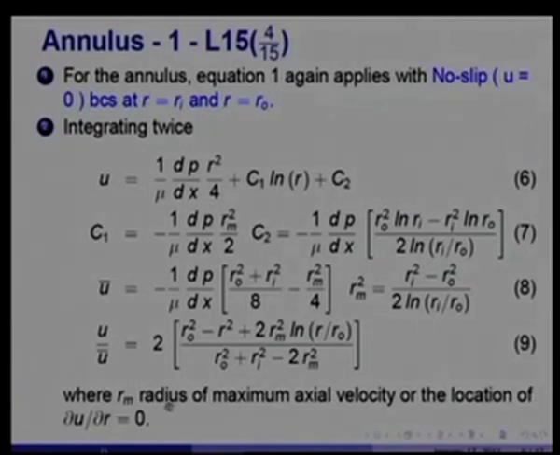So, as I said, r_m is the radius of maximum velocity, or the location of du/dr equal to 0. Mind you, this integration to evaluate u bar is not very straightforward, because ln r is involved and one needs to take special care to evaluate the integral of ln r dr properly.